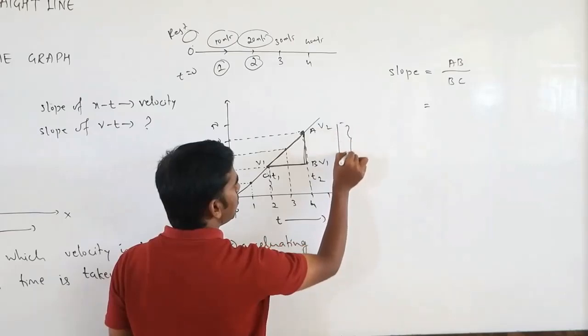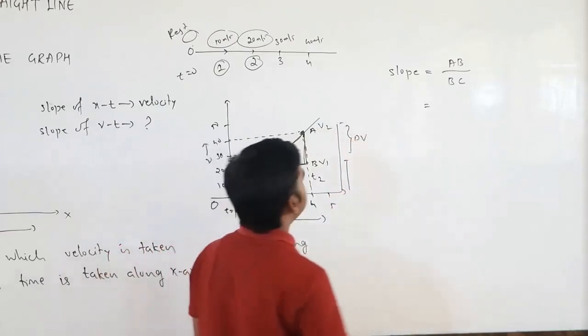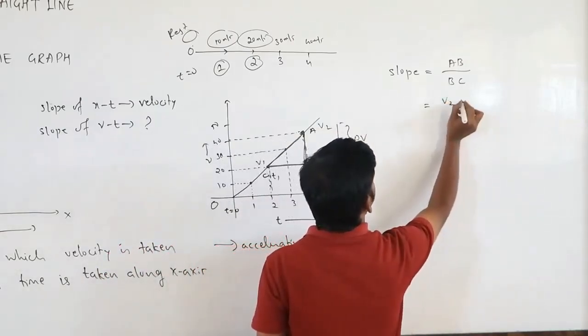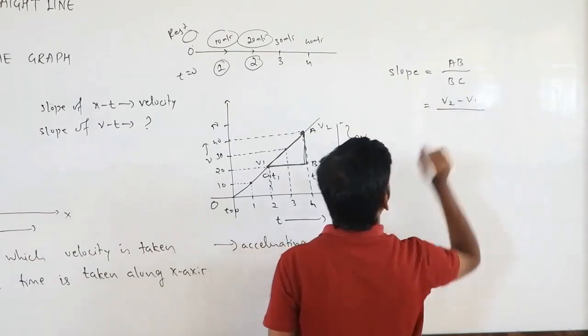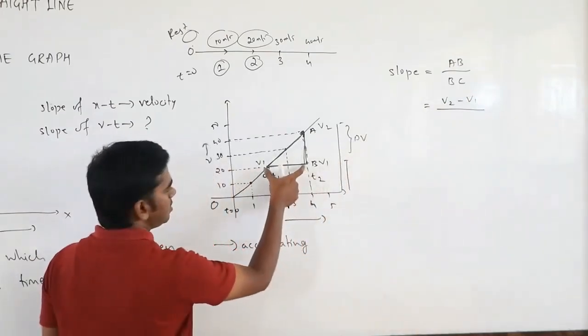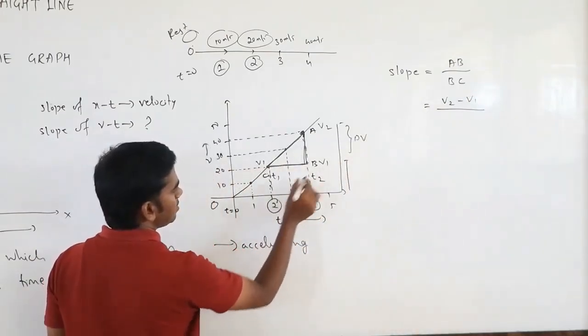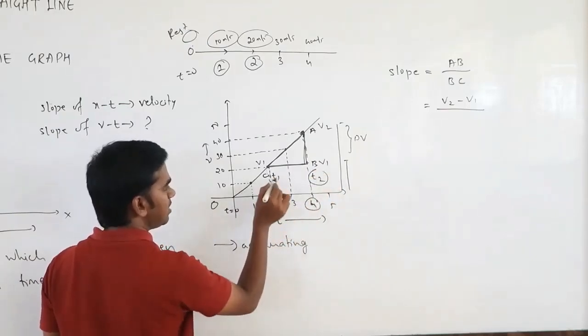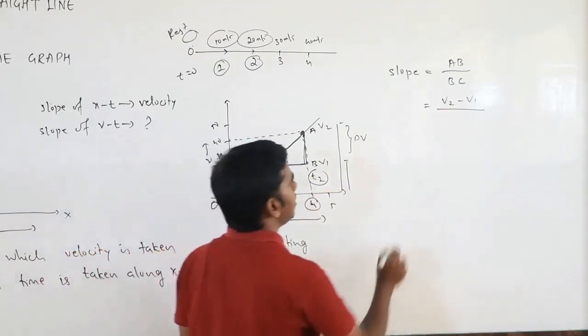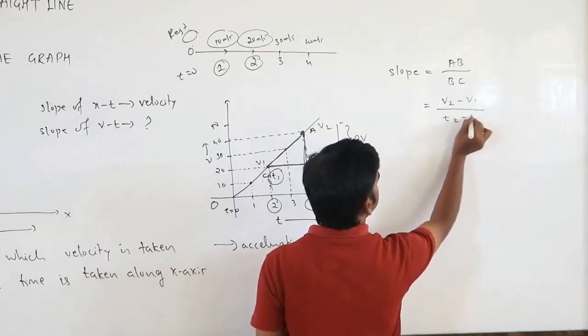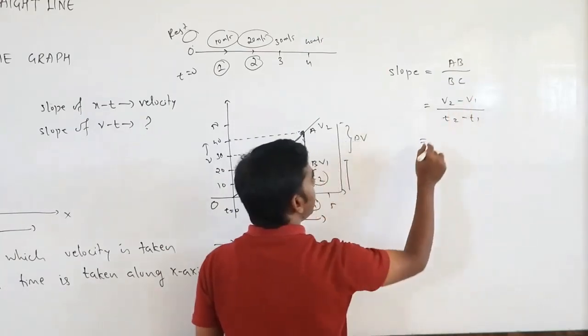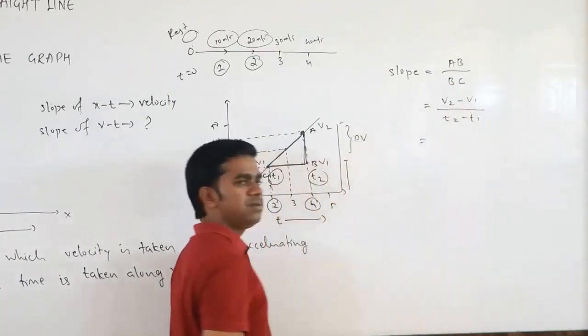So this gives delta V, V2 minus V1, divided by T2 minus T1. Instead of 4 and 2, generally I am taking T2 minus T1. V2 minus V1 is the change in velocity.